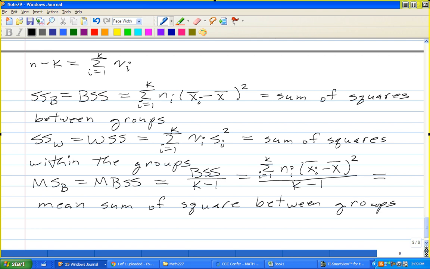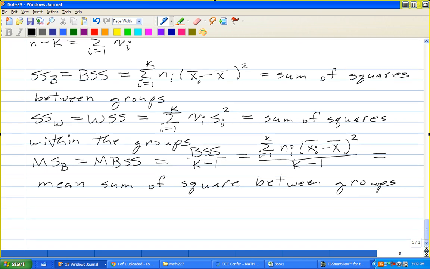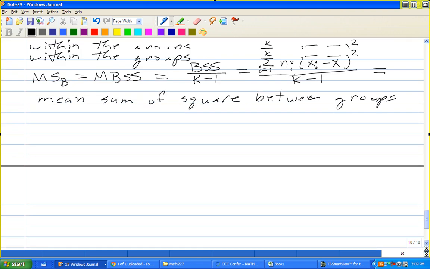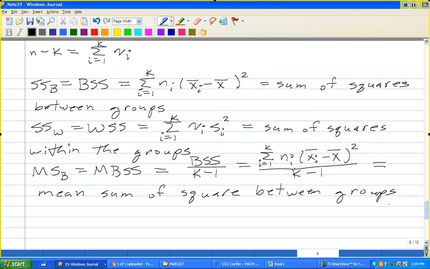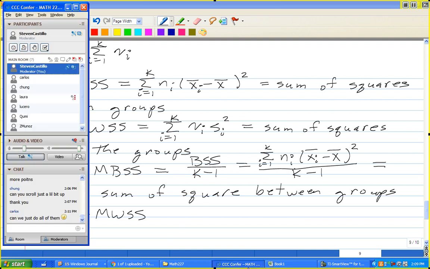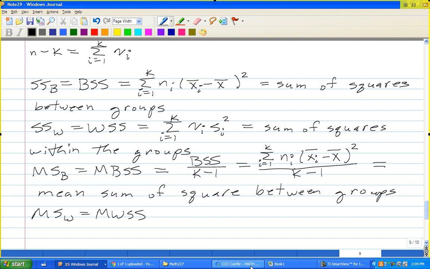Okay. One more: the mean sum of squares within groups. Yes, I'm going to do an example, that's what I'm doing.